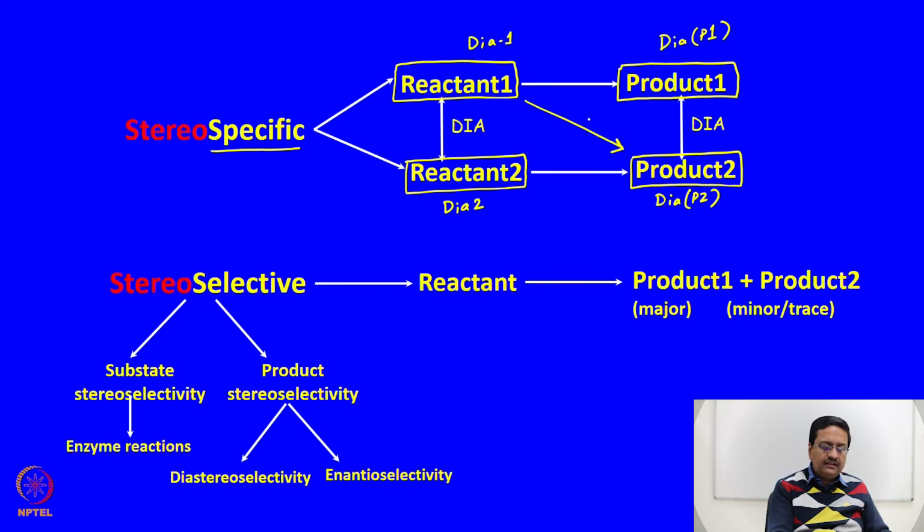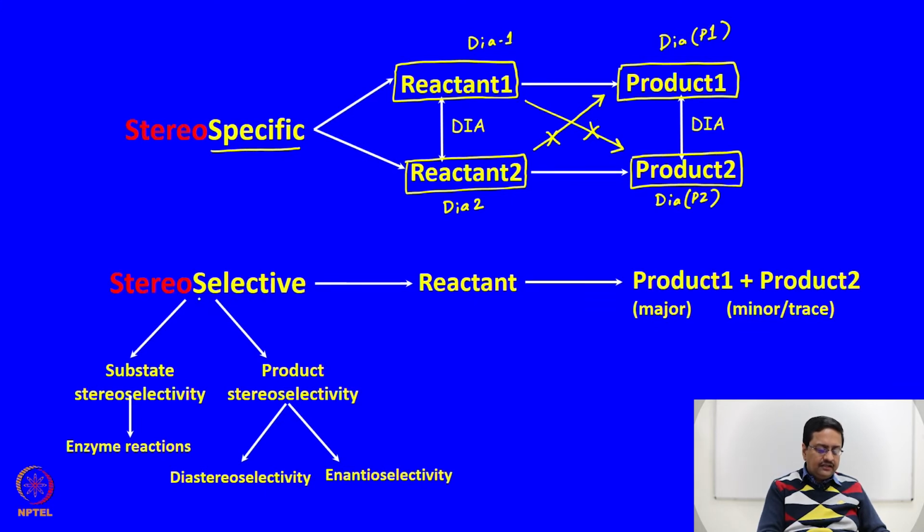We don't see diastereomer 1 giving diastereomeric product 2 even in trace quantity. So we call it a stereospecific reaction.